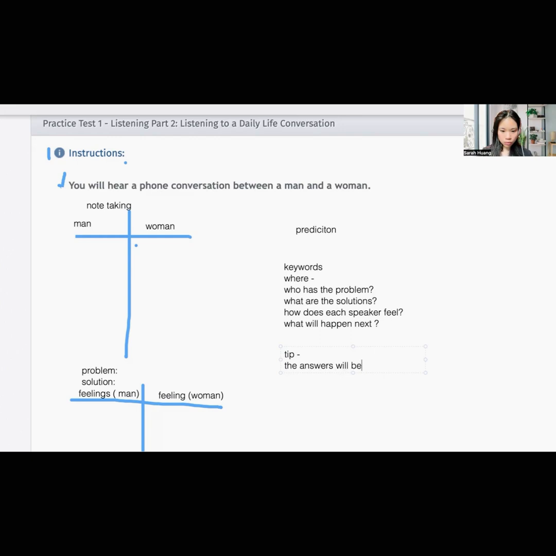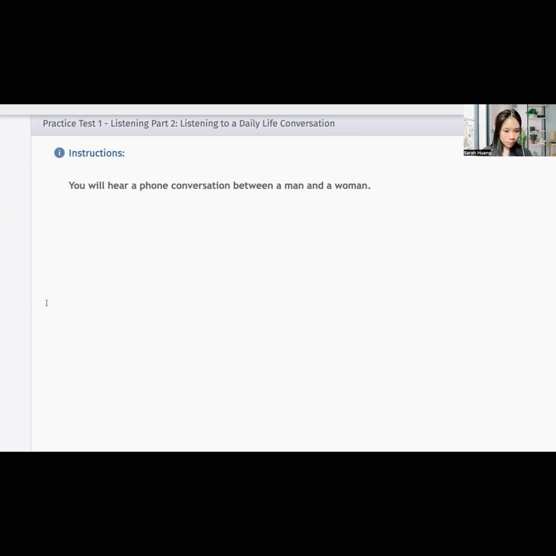The answer of each question will be in the same order as the audio. So having organized notes helps you to choose your answer more effectively. All right. So having this in mind, let's listen.